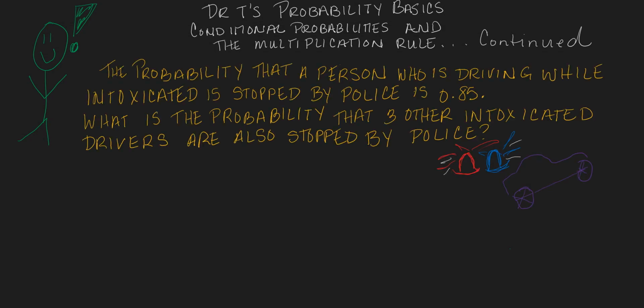Let's say we're given this problem. The probability that a person who is driving while intoxicated is stopped by police is 0.85. What is the probability that 3 other intoxicated drivers are also stopped by police? As criminology and criminal justice students, you know that it's a success when a police officer is able to take an intoxicated driver off the street.